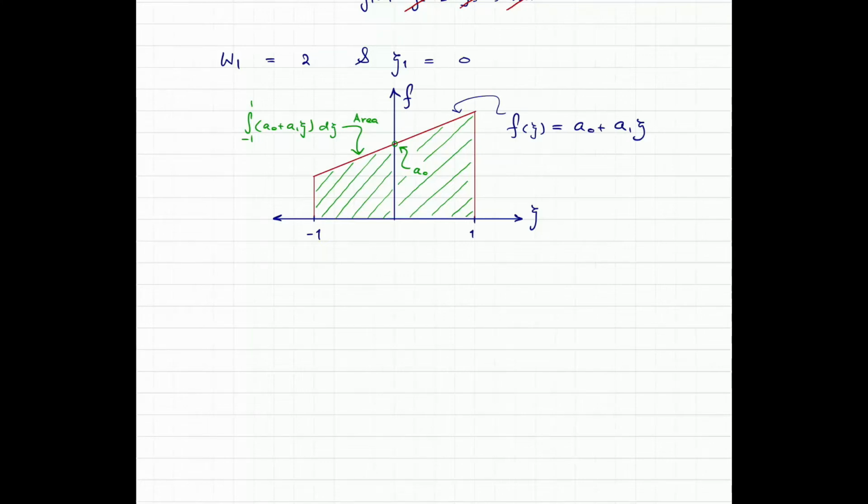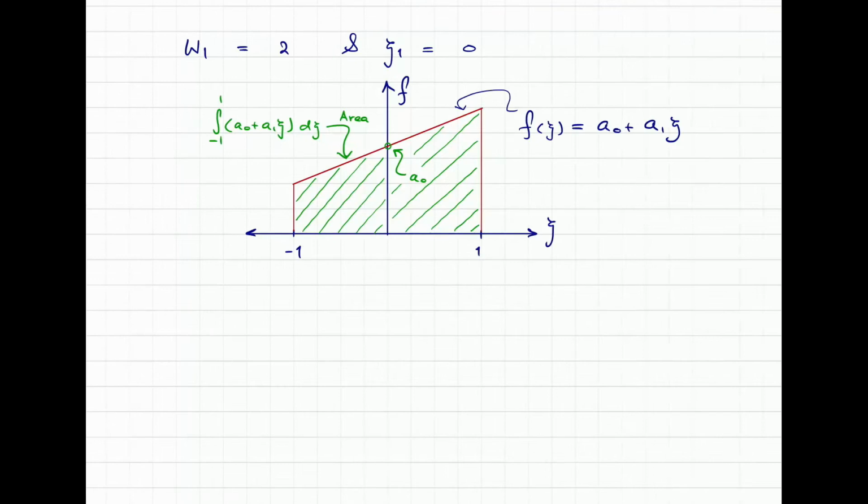So to calculate the area explicitly, you take the height, this height, and then add them up, right? Multiply by a half, multiply by the base, which is equal to 2, you get the area.